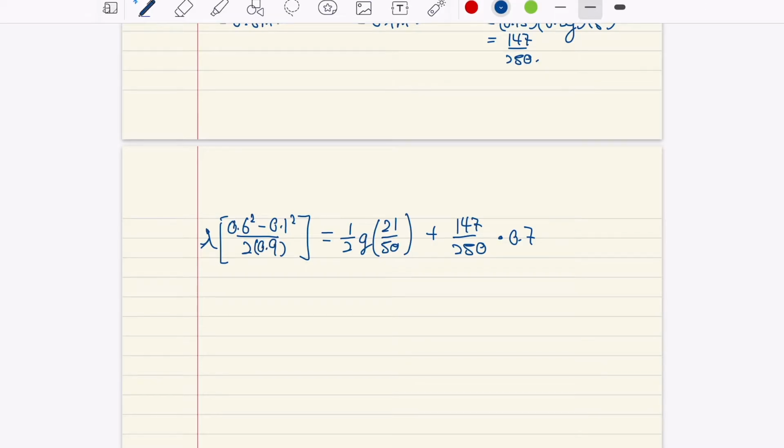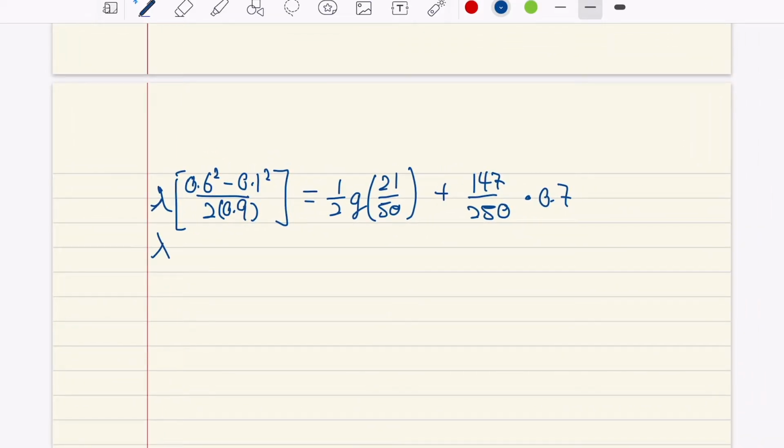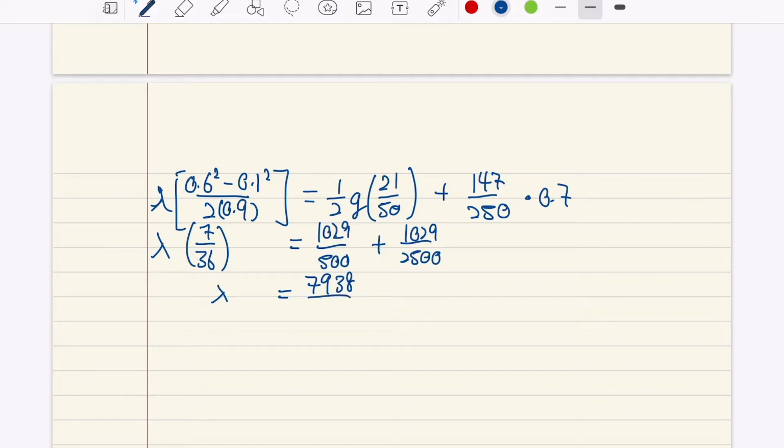Okay, now we got 7938/624, which equals 12.7 Newton.